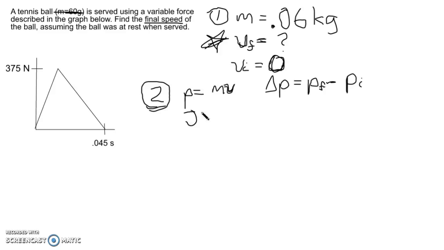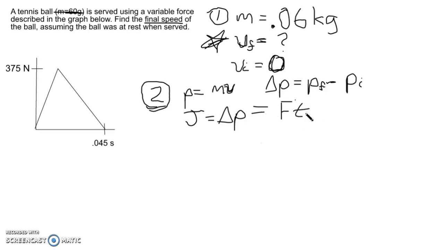Then we're going to finally write J, impulse, is the change in p. It's the change in momentum. No jokes there. And it's equal to force times time.